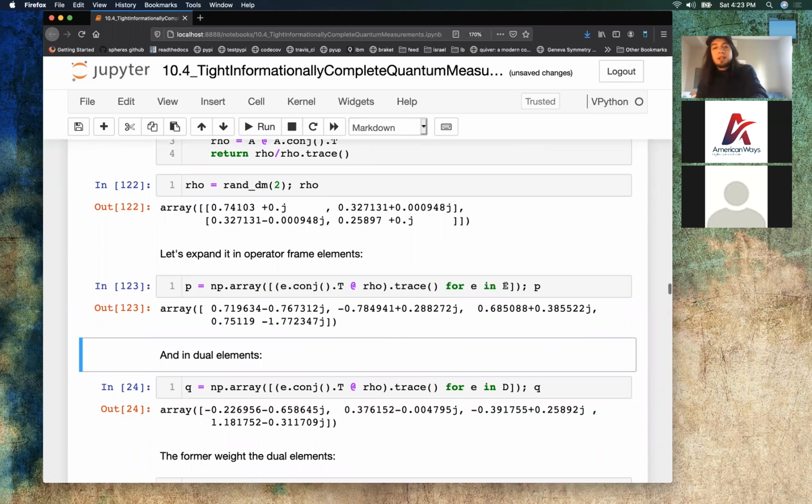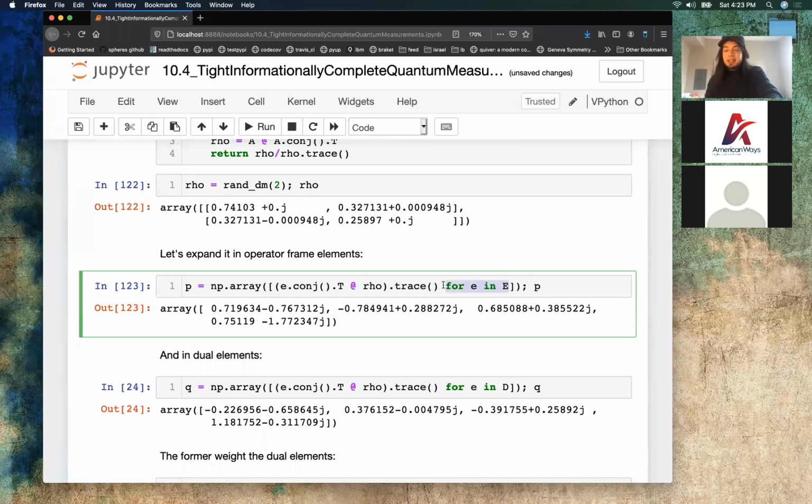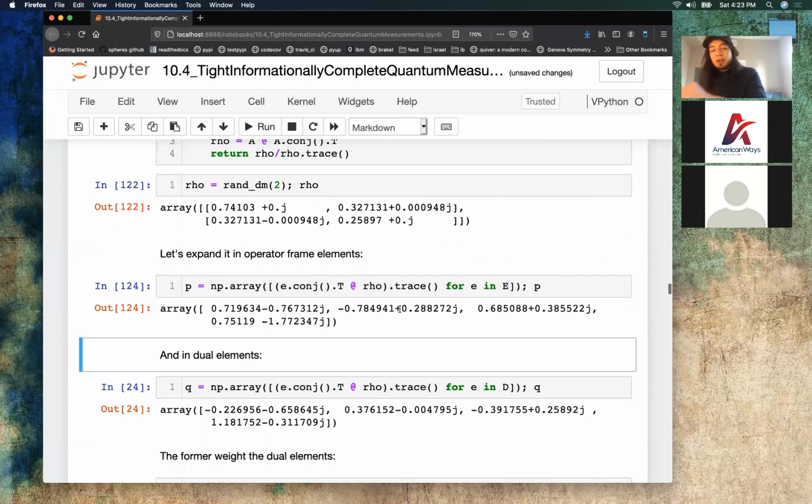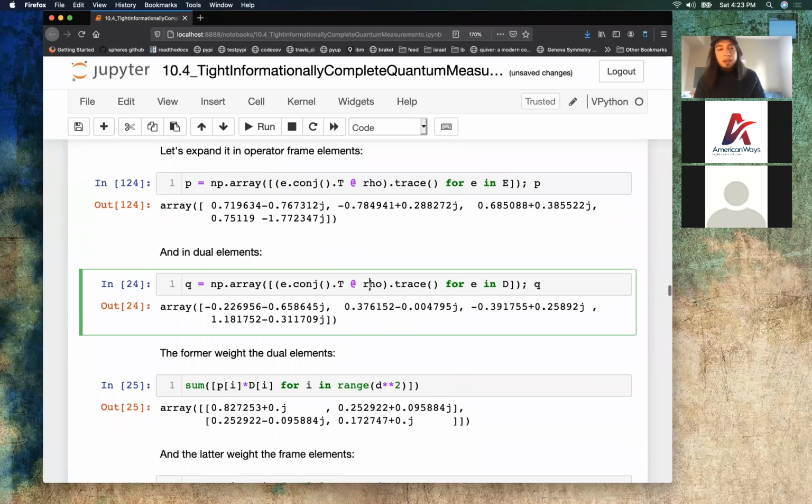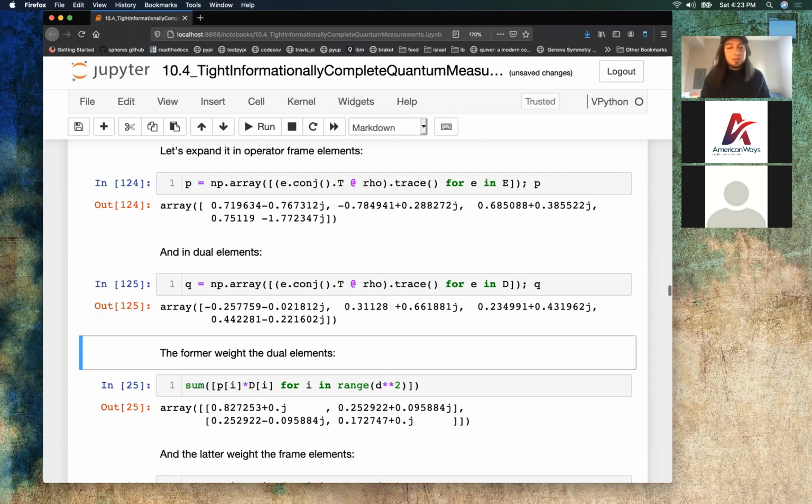We go over each of the elements in the operator frame, take the trace with rho, and we get these 4 numbers, which are generally complex. Alternatively, we could expand rho in the dual elements, taking the trace with each of the duals, so we get these coefficients.